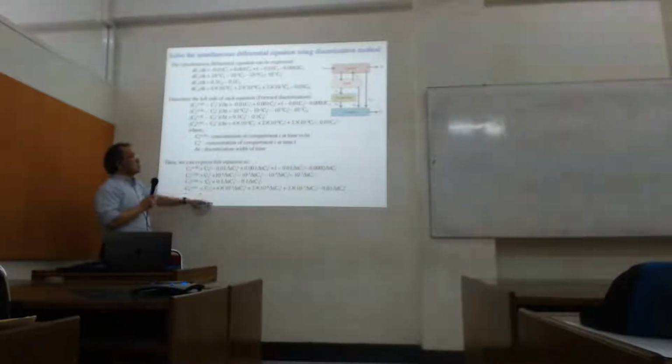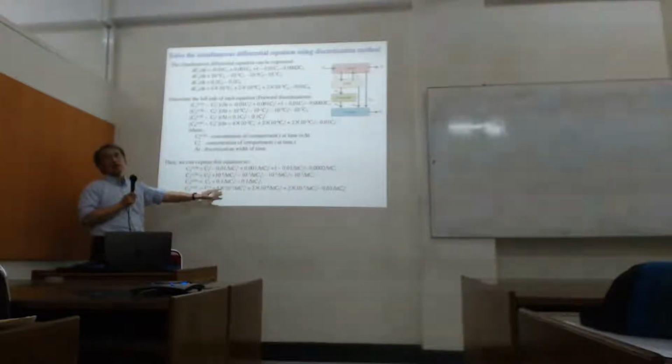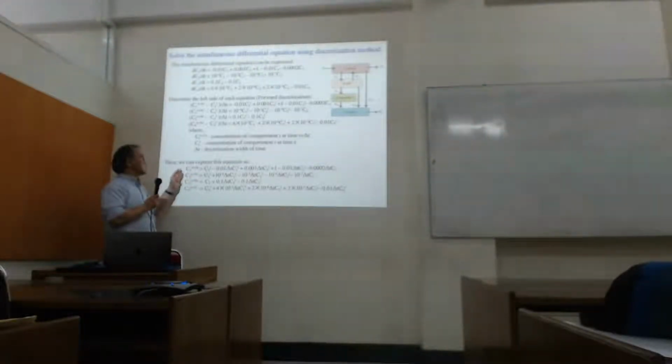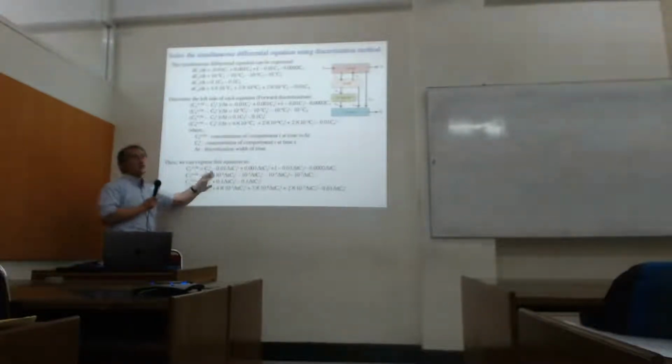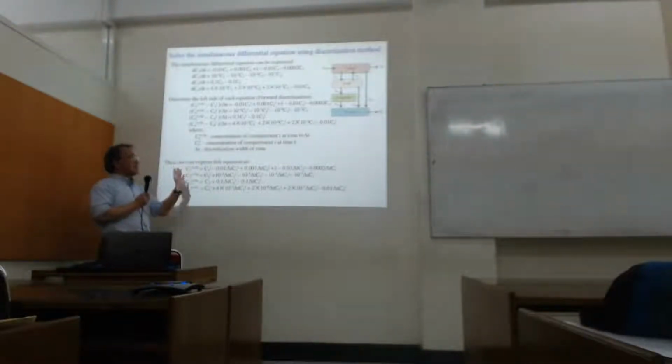So this means if you know the concentration of each compartment at time t, you can estimate the concentration at time t plus delta t. Then you know the concentration of each compartment at time t plus delta t, and you can use it as the new value of time t to progress further.